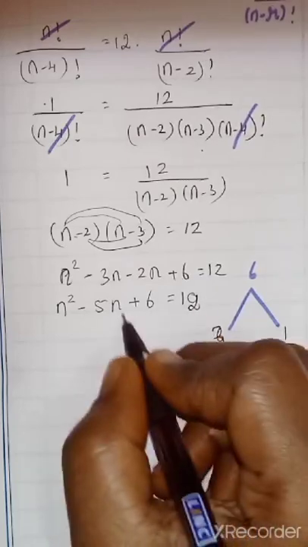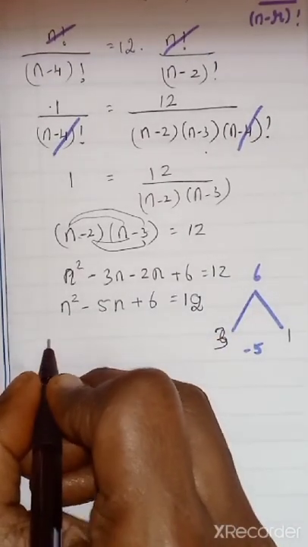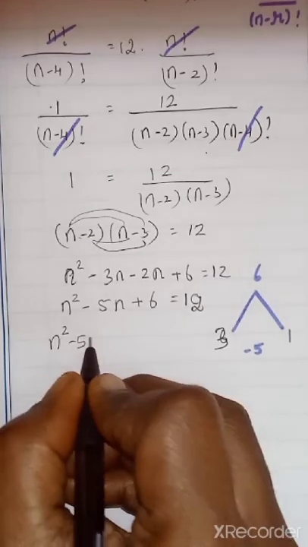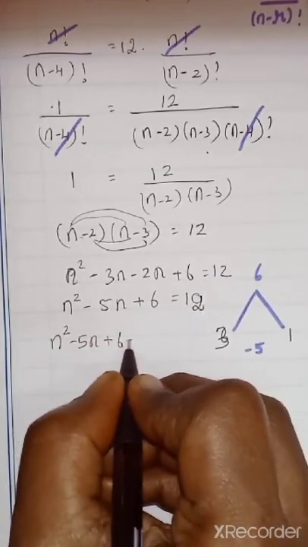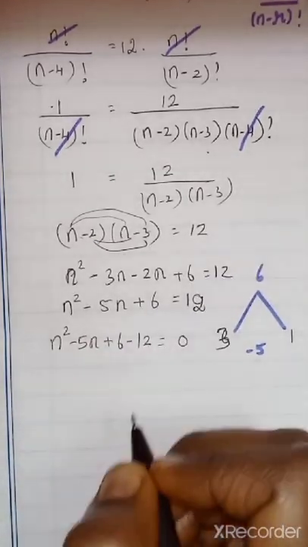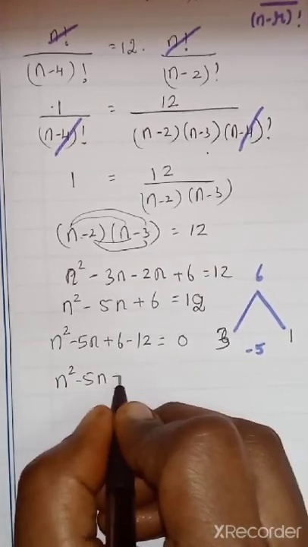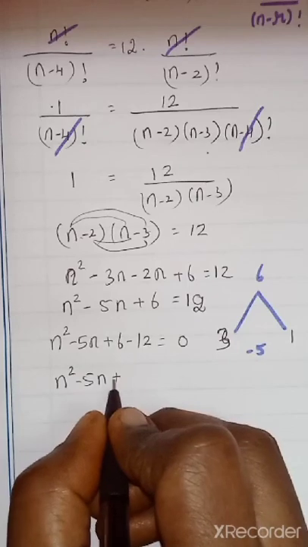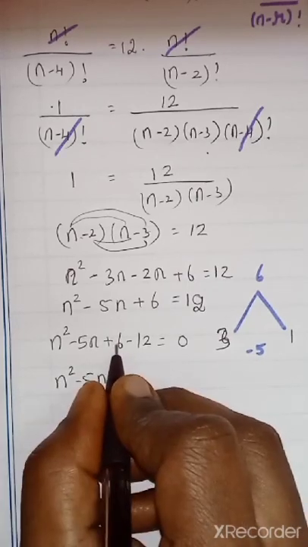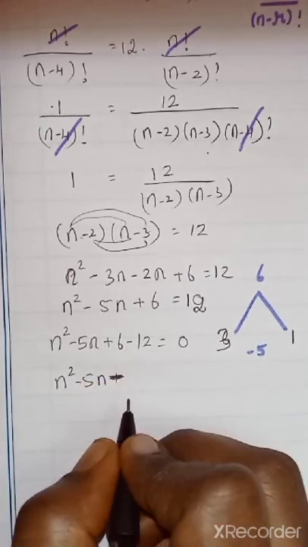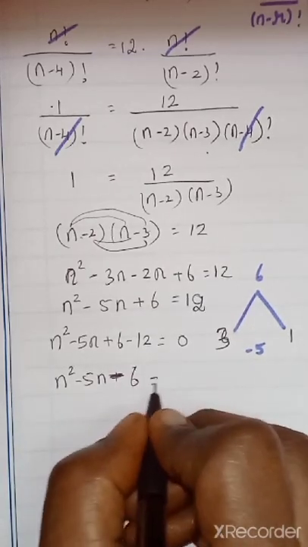So we have to take this 12 to this side, right? So again, n square minus 5n plus 6 minus 12 equal to 0. So n square minus 5n plus, not plus, it is minus, 6 minus 12 is minus 6 equal to 0.